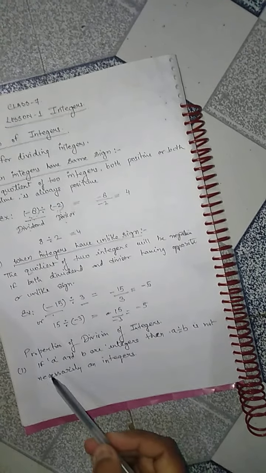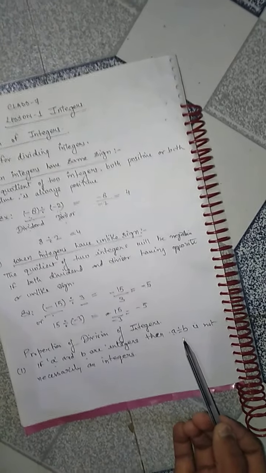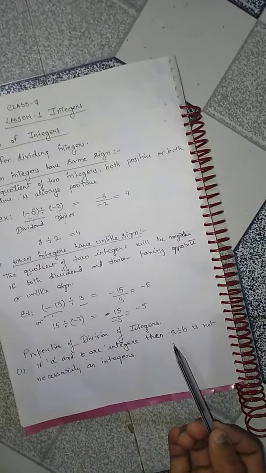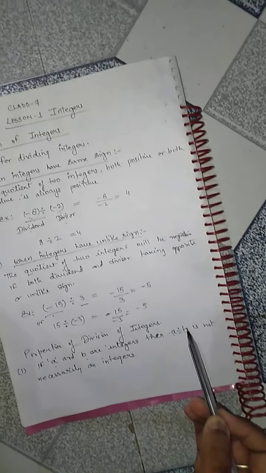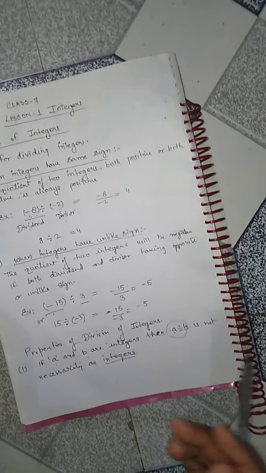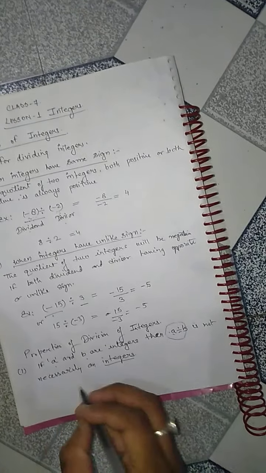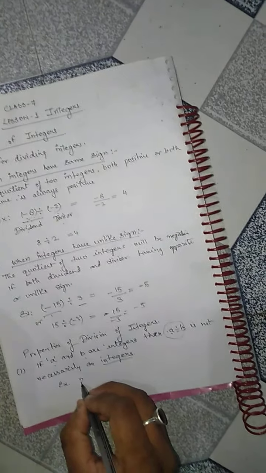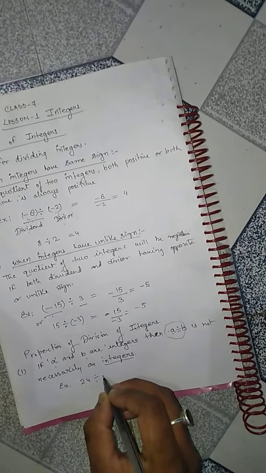Means if a and b are any two integers, where a is the dividend and b is the divisor, in that case it is not necessary that the quotient is an integer. Okay, example, suppose 24 is divided by 7.